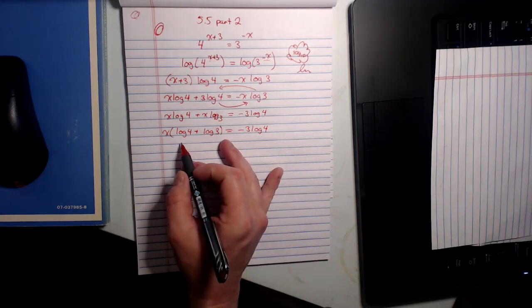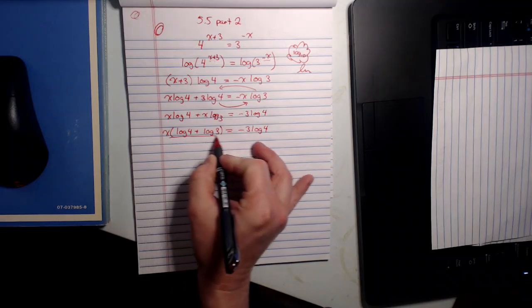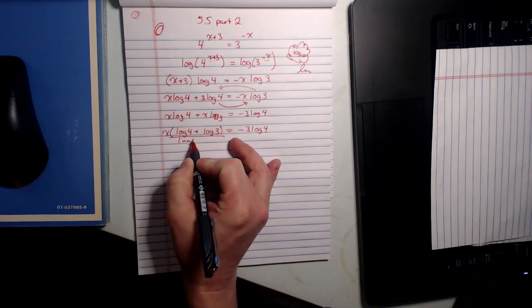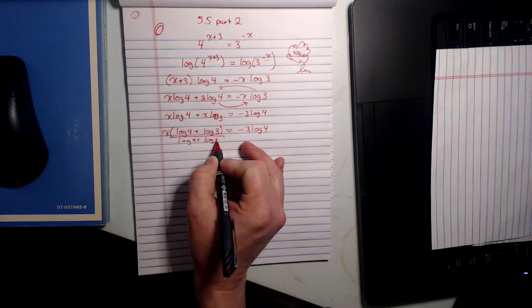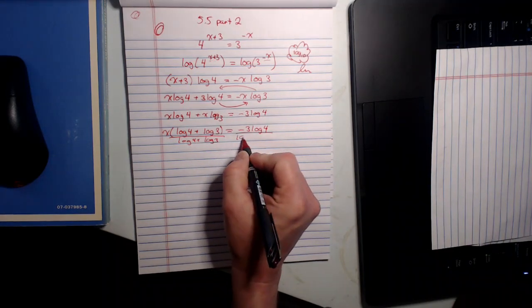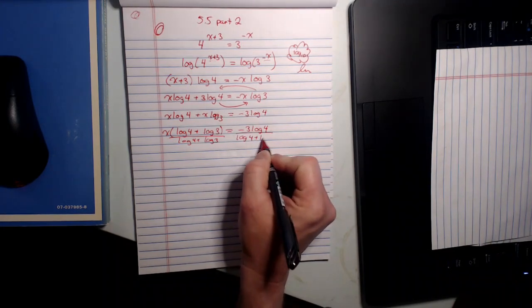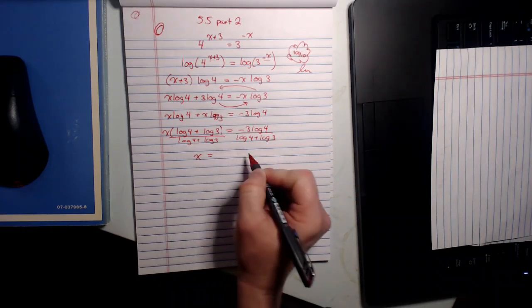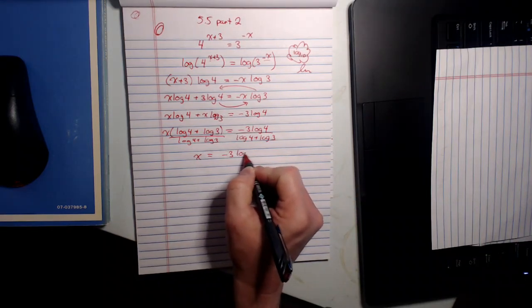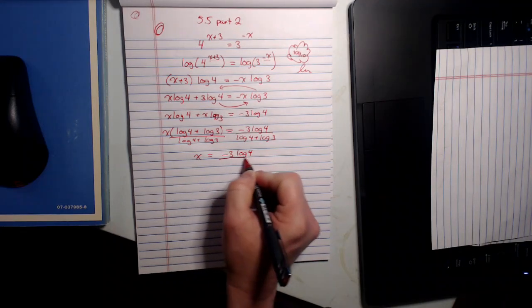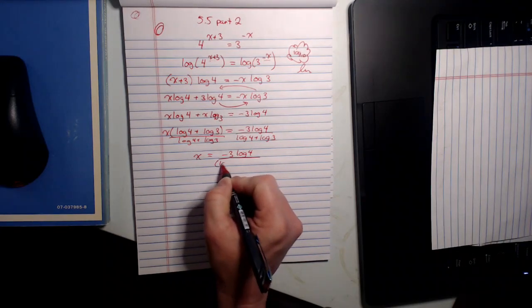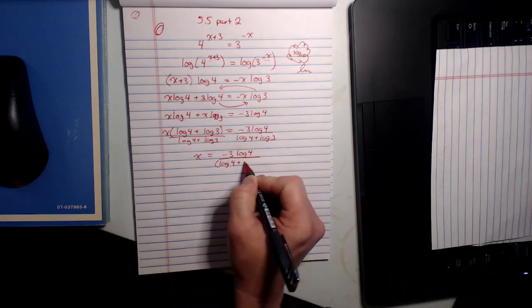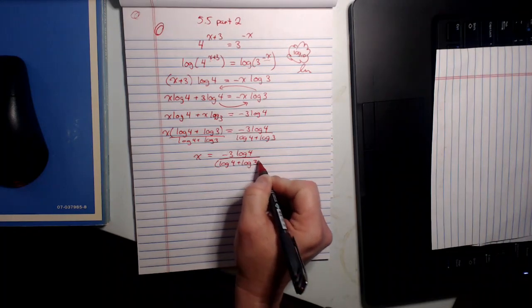Now, to get x all by itself, I'm going to divide both sides by all of this. And I'm going to get x is equal to minus 3 log of 4 divided by the quantity log of 4 plus log of 3.